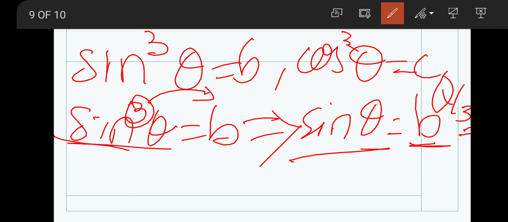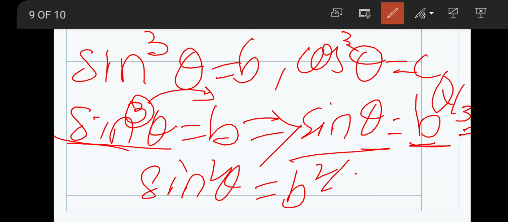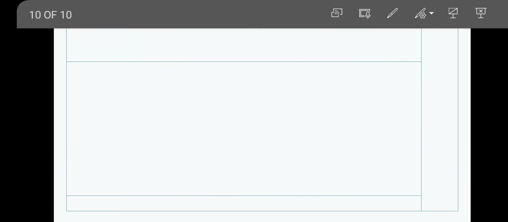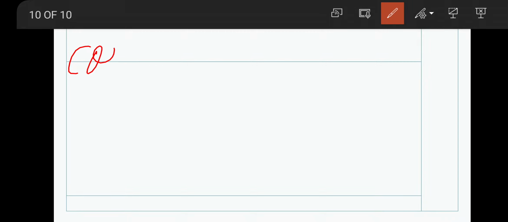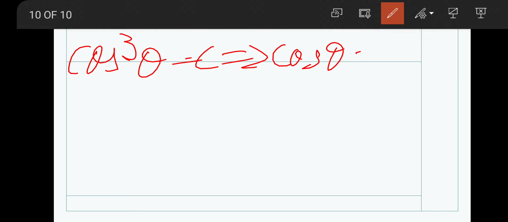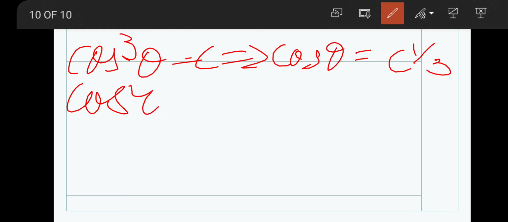I want to make this sine square theta, so I take back 2 and it becomes b to the power 2 by 3. And cos cube also equals c, so cos theta equals c to the power 1 by 3. I want to make it cos square theta, so cos square theta equals c to the power 2 by 3.